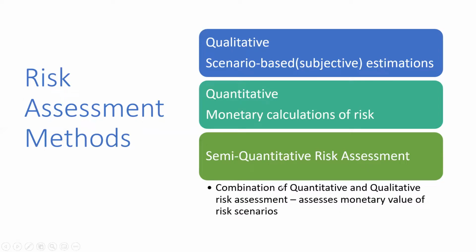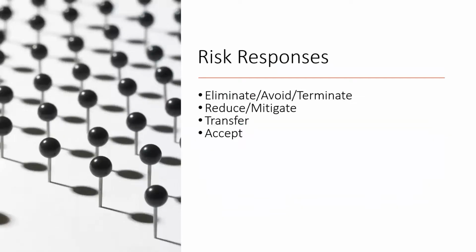Semi-quantitative risk assessment, that is a combo of quantitative and qualitative risk assessment, which assesses a monetary value or a number, a risk score, to different risk scenarios. Risk responses: eliminate, avoid or terminate, reduce, mitigate, transfer or accept.